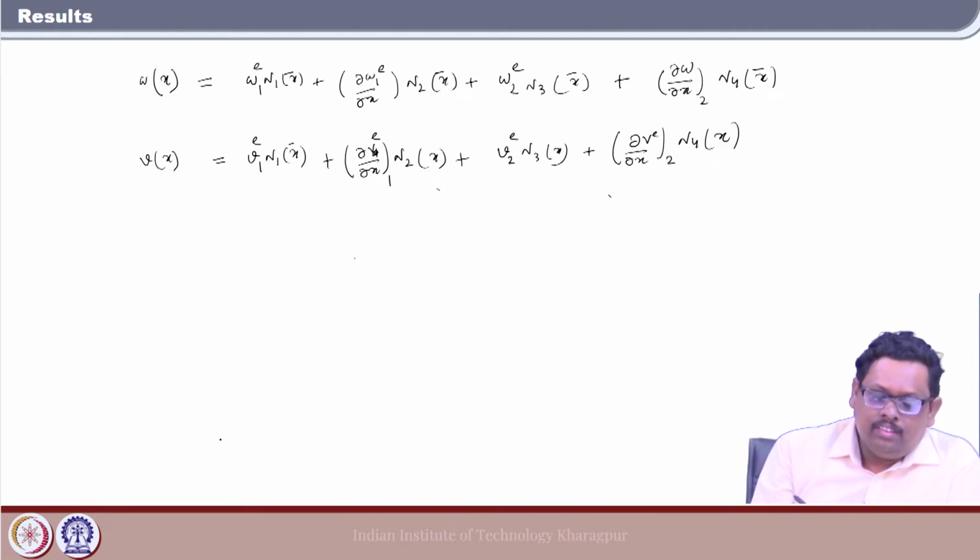Now, the next job is to substitute this W and V in the original weak form. What is the weak form?